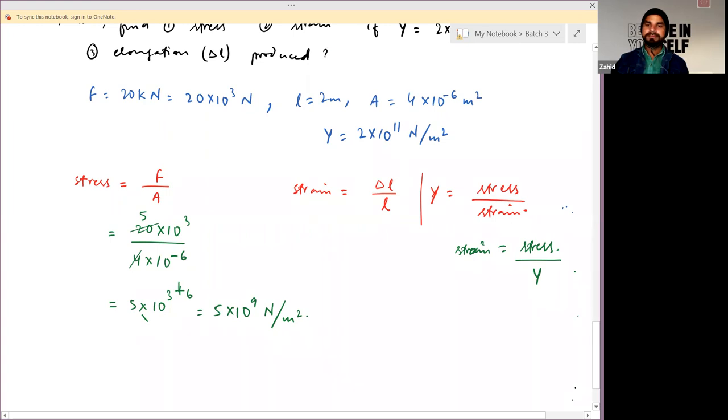Good, Nida. Just use the second formula to find the value of delta L, or elongation produced.